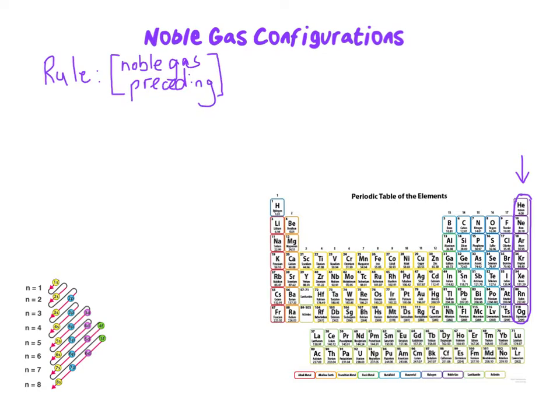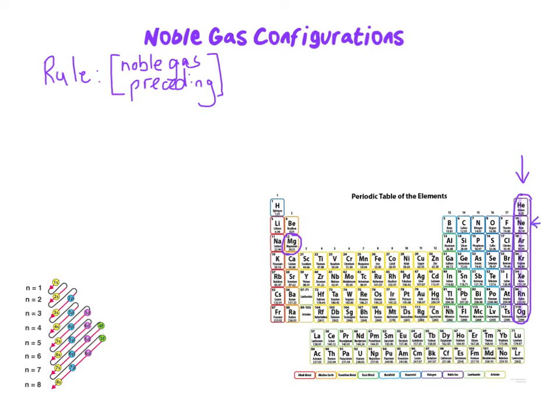When I say preceding, I'm talking about the element in group 18, which is this group over here, the one that comes before the element or atom that you're trying to write the configuration of. So for example, if I was looking for the noble gas preceding magnesium, which is right here, magnesium is number 12, well, preceding would be number 10, which would be neon right here.